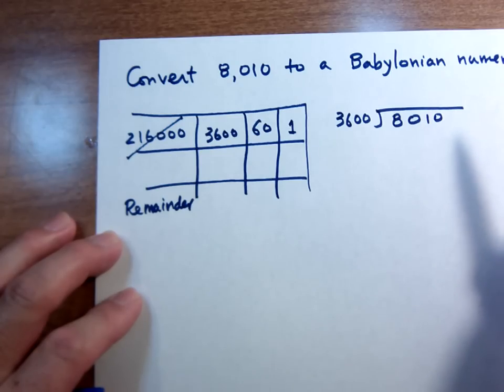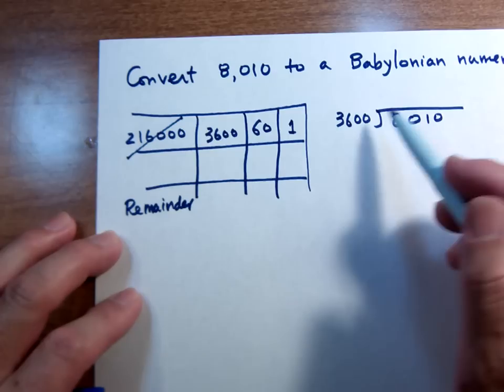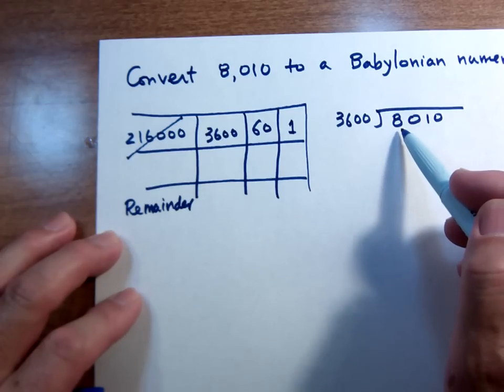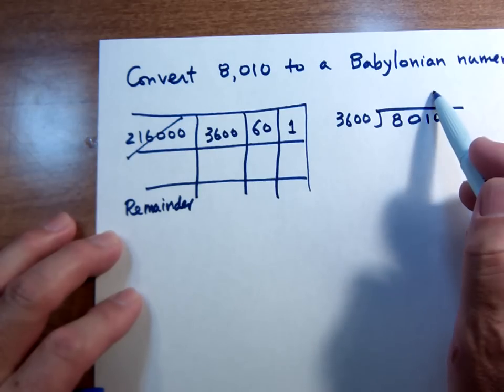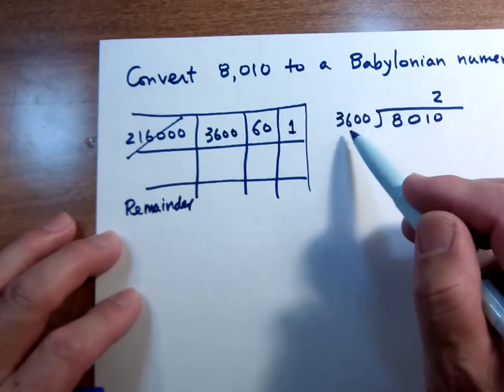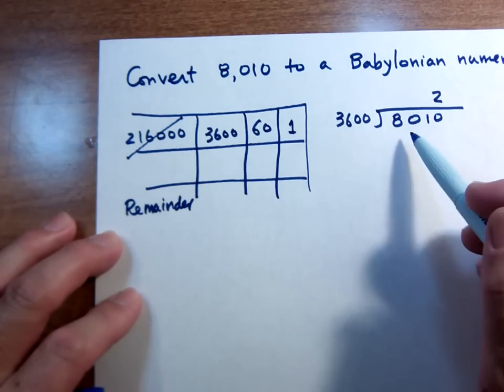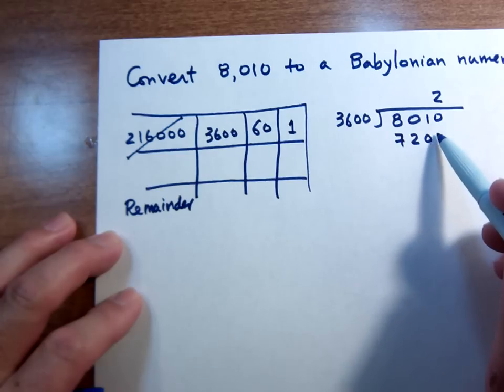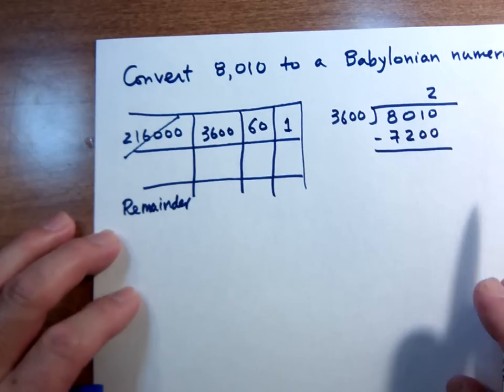Hope you remember how to do that. 3600 will go into 8010 actually twice. Multiply 3600 times 2. That should give us 7200. Remember, we subtract.